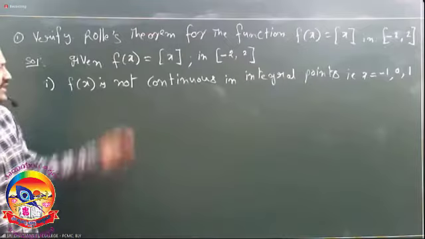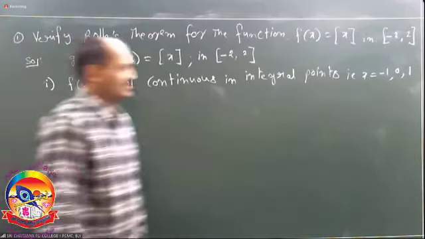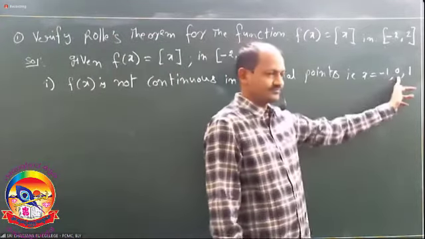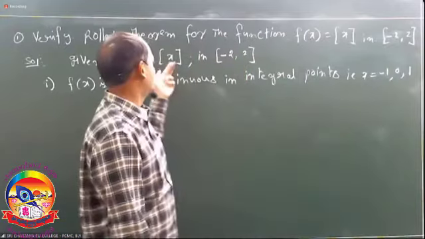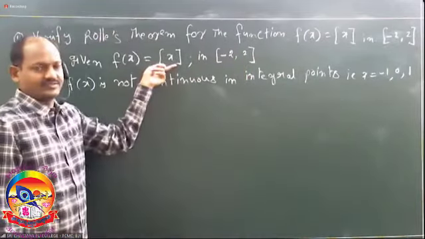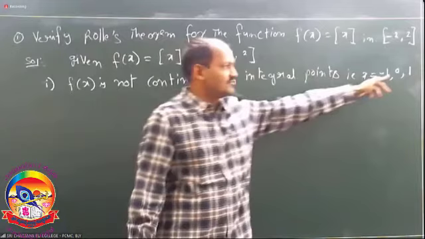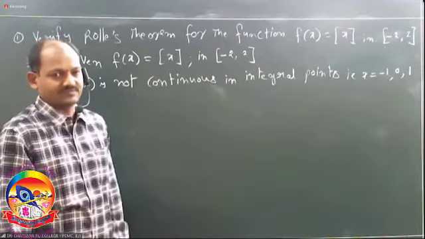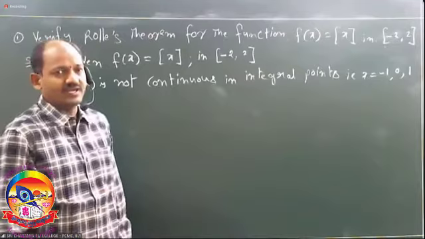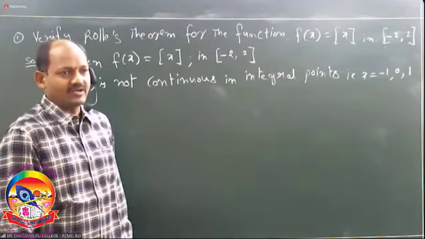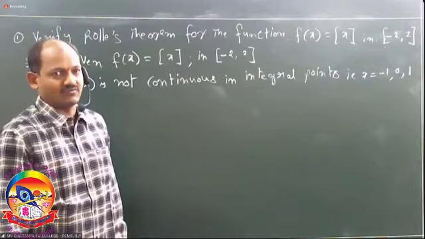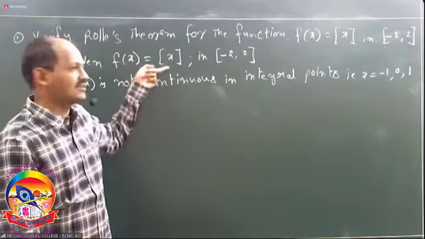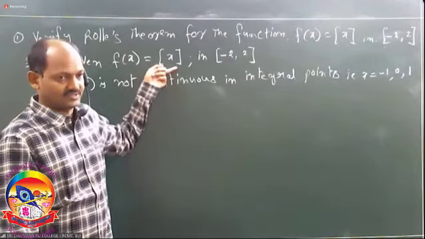How to identify it is not continuous? For example, at x equal to 0, the given function is step of x. What about the left limit at 0 in the step function? That is minus 1. Right limit means it is 0. Left limit and right limit both are not equal at integral points for the greatest integer function.